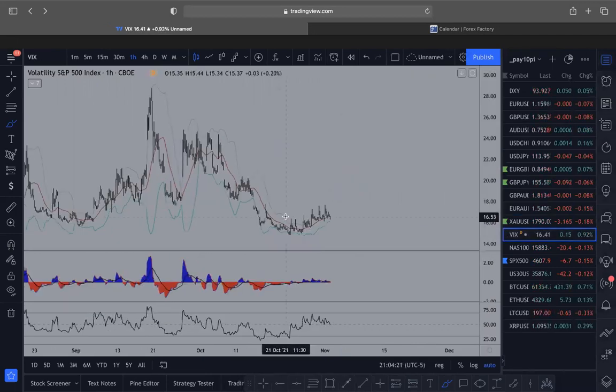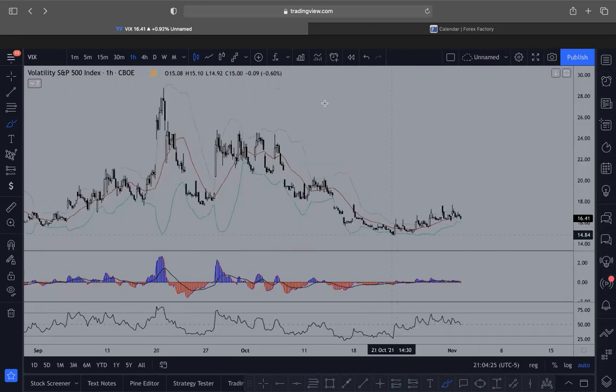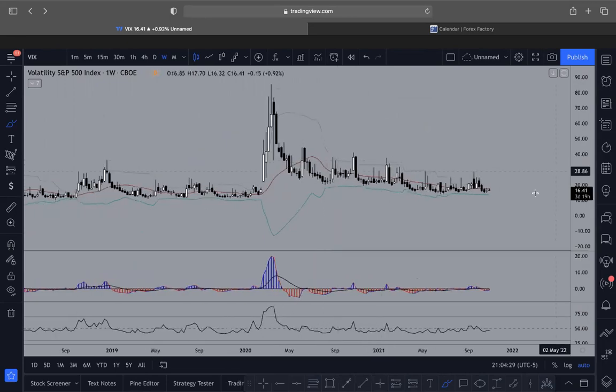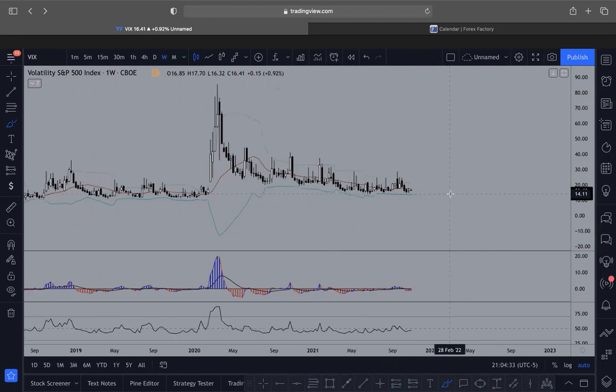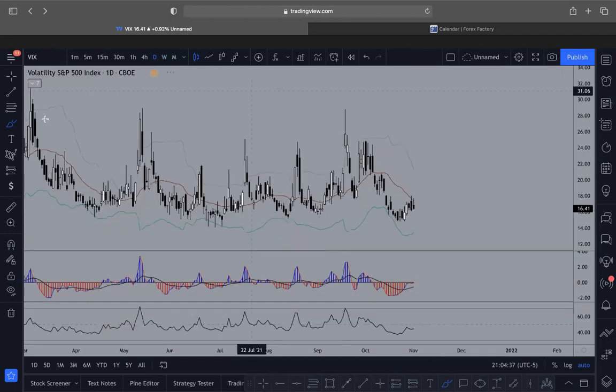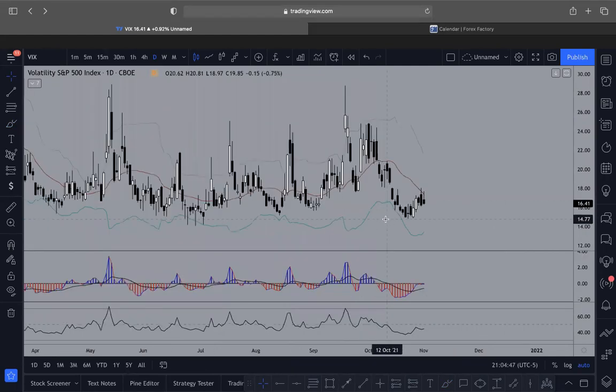The VIX is sideways, not giving me a whole lot of info. It hasn't made a lower low in a little bit, just that it's low. When the VIX is low, I do not look to buy the indices, and that's just how I've always played it. It looks like it kind of popped, and now it's in an area where it might want to come down a little bit, double bottom again.